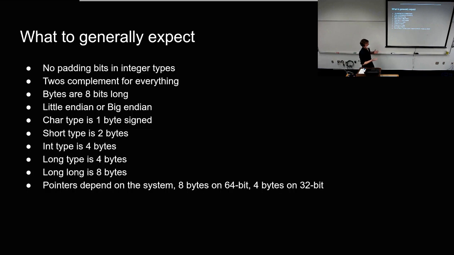Little endian or big endian are the two that are usually used. Character types are 1 byte, signed by default usually. Short is 2 bytes, int is 4 bytes, long is 4 or 8 bytes, and pointers depend entirely on the system: 8 bytes on 64-bit or 4 bytes on 32-bit. A lot of these are variable and can depend on the system, but these are what you can generally expect while reviewing code.